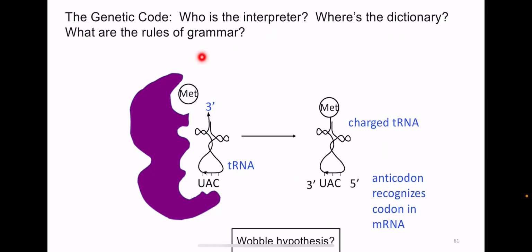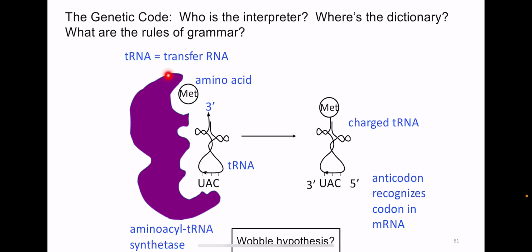So this is the aminoacyl tRNA synthetase. I've been saying this the wrong way. So this enzyme is called aminoacyl tRNA synthetase. Okay, so it actually harbors the amino acid to be loaded onto the tRNA, and mind you, the tRNA uses its acceptor site to receive the amino acid from this enzyme.